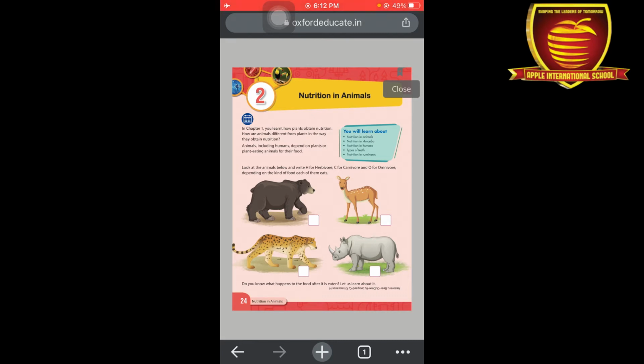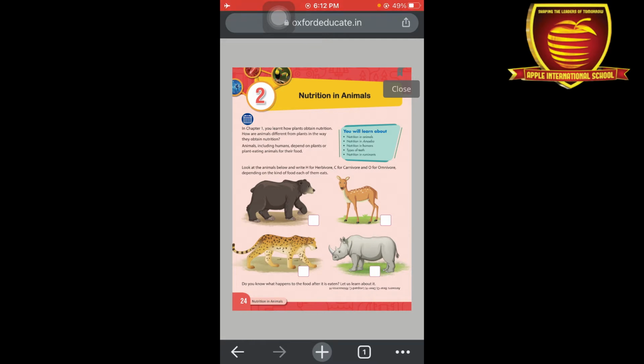Now, looking at the first page, look at the animals below and write H for herbivore, C for carnivore, O for omnivore, depending upon the kind of food each of them eats. Bear eats both grass and flesh, so it is an omnivore.